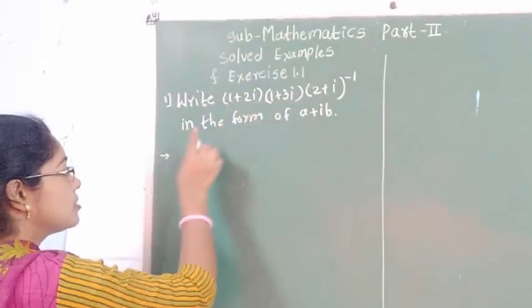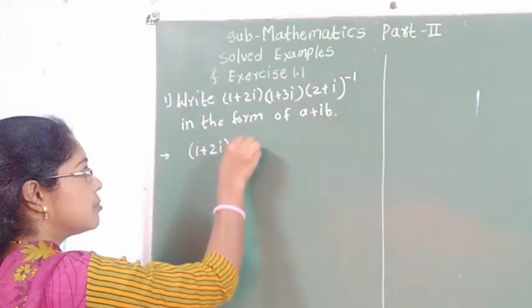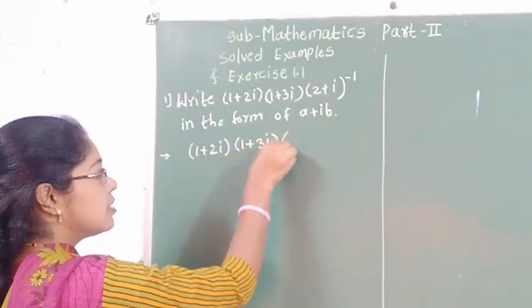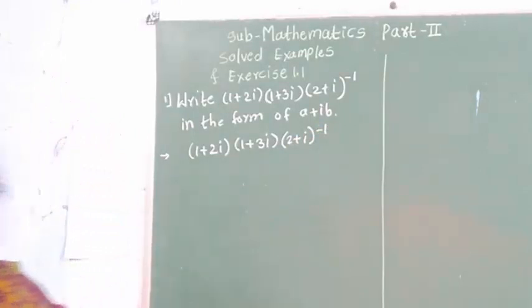So we have (1 plus 2i) into (1 plus 3i) into (2 plus i) raised to minus 1.